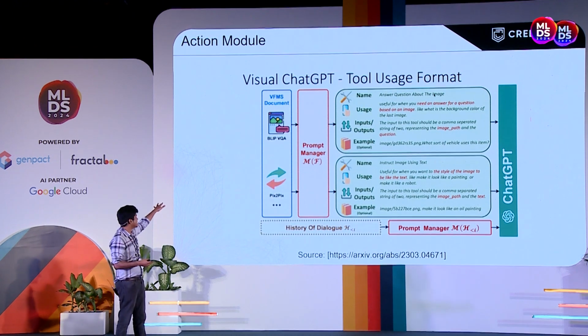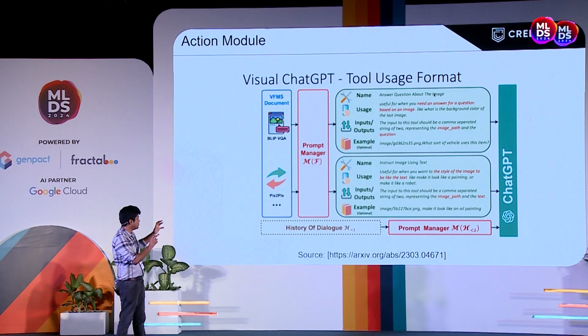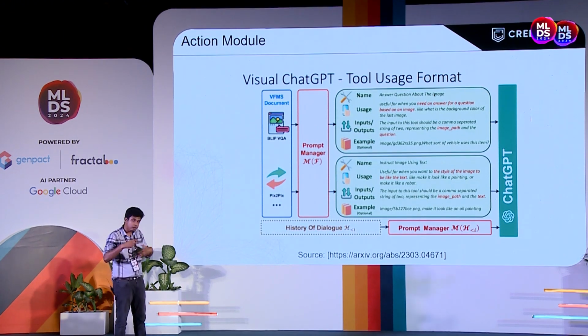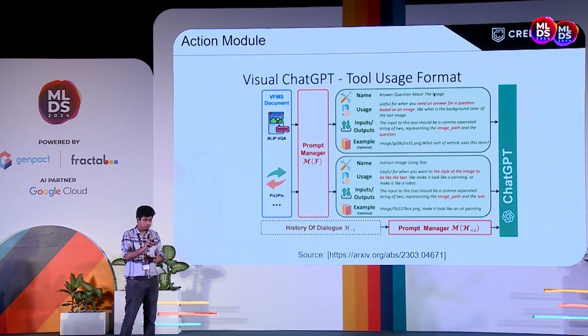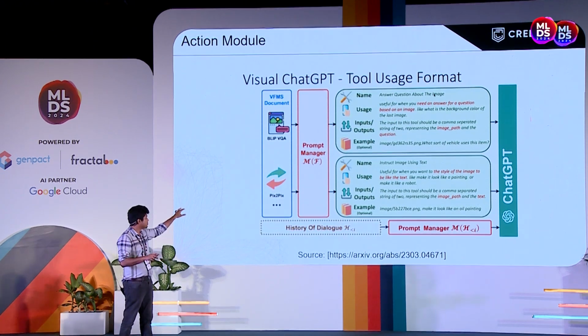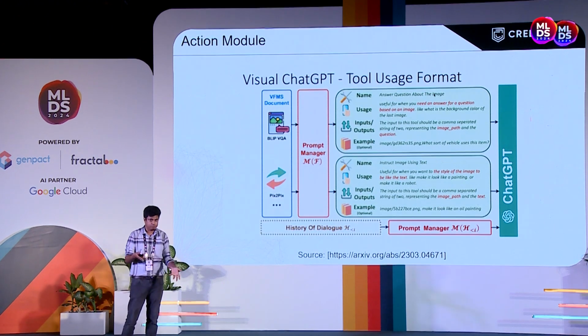What Visual ChatGPT did is that you first have a name for the tool. You have to describe its usage, like in what situations you would actually call the tool. You need to provide its input and its output. And you also need to give an example of the end-to-end process. All of this would be included in the prompt.